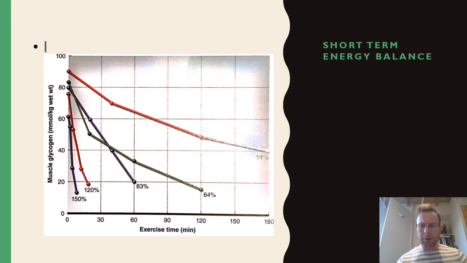So this is an interesting one when you're looking at sprinting and intermittent exercise on glycogen stores. I'll just talk you through one bit first. This person is running at 31% of their VO2 max, so kind of a really slow jog.